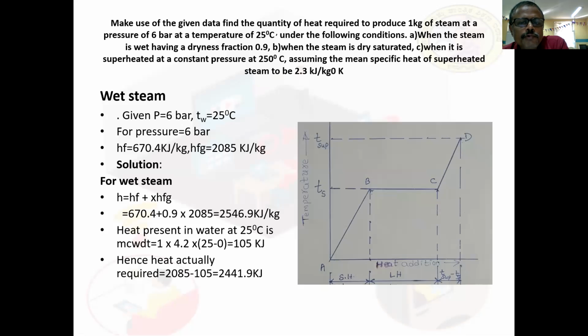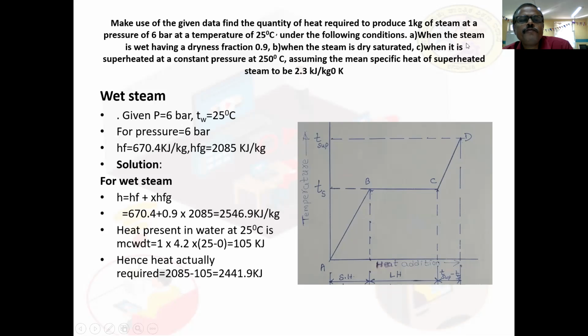Now, we will try to solve some problems based on the knowledge we have gained so far. The problem is like this: make use of the given data and find the quantity of heat required to produce 1 kg of steam at a pressure of 6 bar from water at a temperature of 25 degrees centigrade under the following conditions.